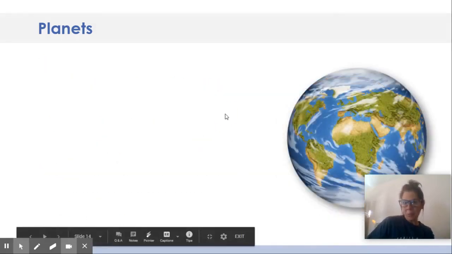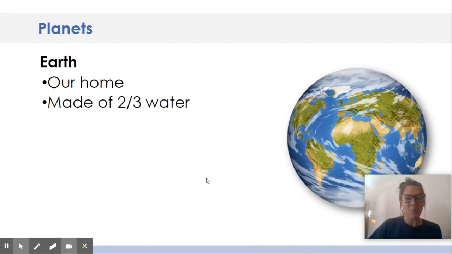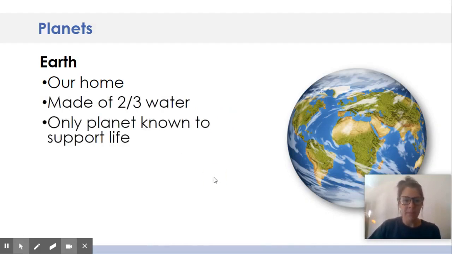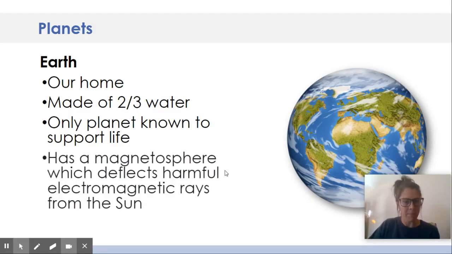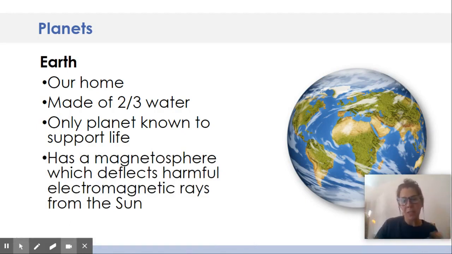Then we move to Earth, which you guys know a little bit about. This is the planet where we live, and it's made of two-thirds water. It's the only planet right now known to support life. It has a fancy magnetic sphere or force field, but magnetosphere is the scientific term. And that is what deflects all these harmful solar rays.